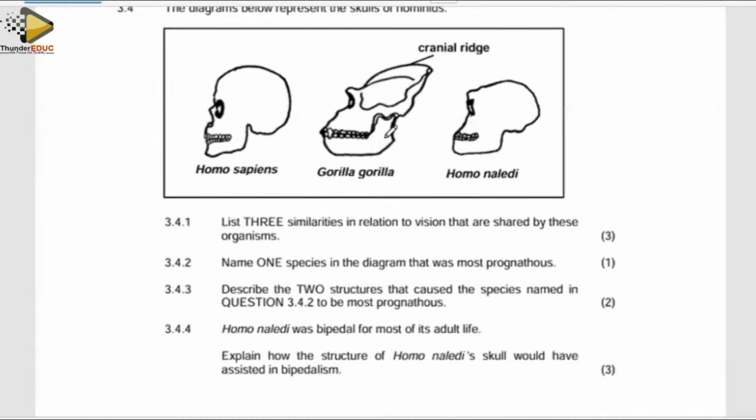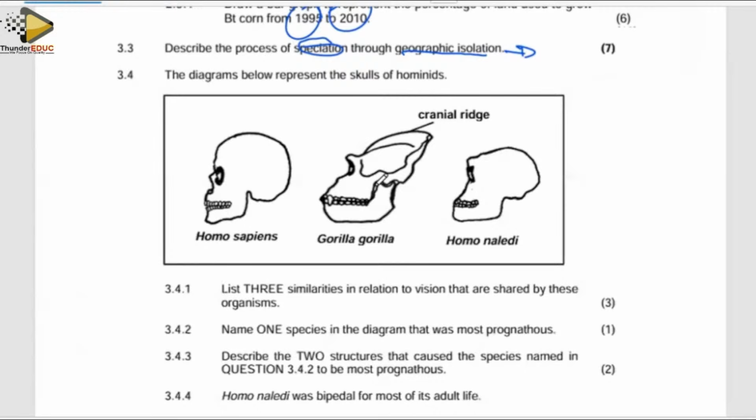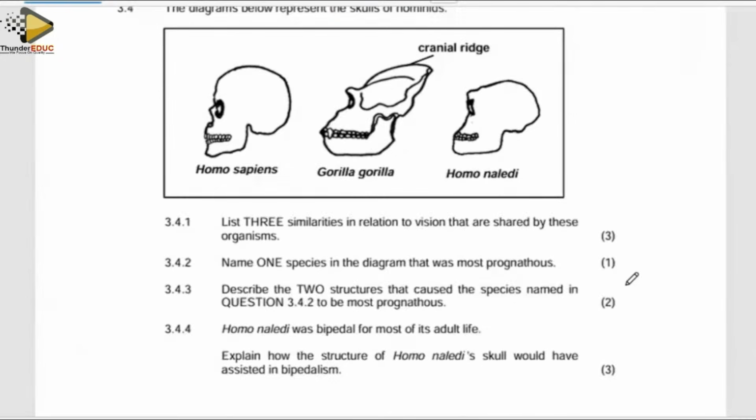Then they are saying that this one question is about human evolution. The diagram below represents the skull of hominids. List the three similarities in relation to vision that are shared. If you look at them, the eyes are in front.